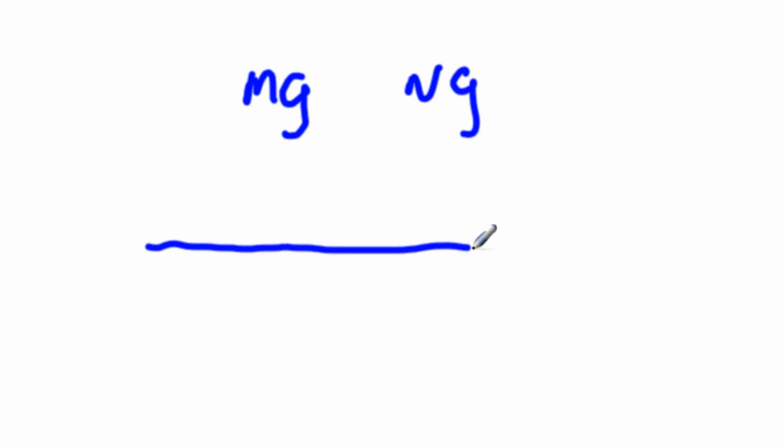Final example, let's compare something like a milligram to a nanogram. Number line, root unit here is the gram, which is 10 to the 0.